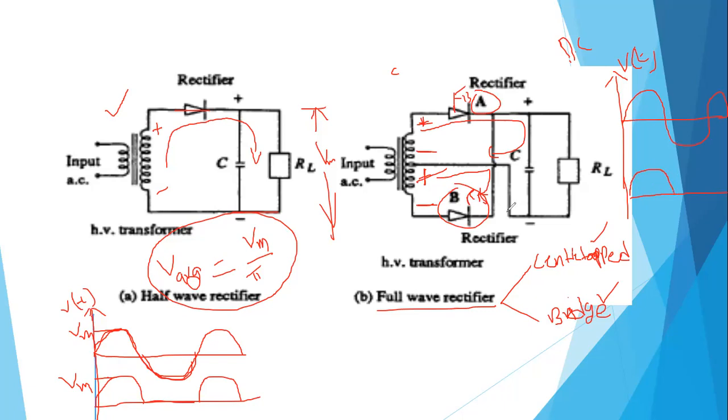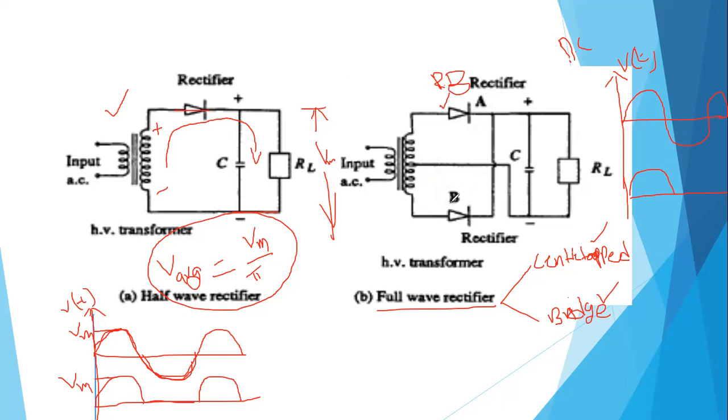Reverse bias means the negative half cycle. So during the negative half cycle, diode D1, that is rectifier A, will be reverse biased.